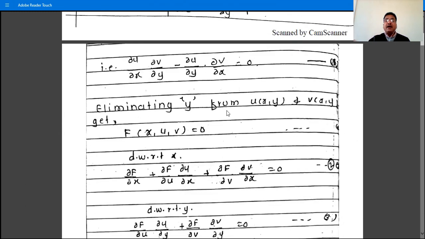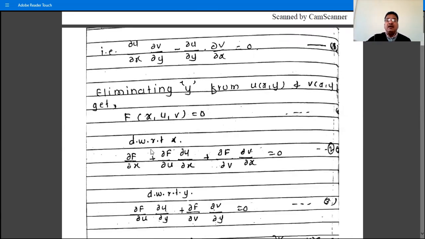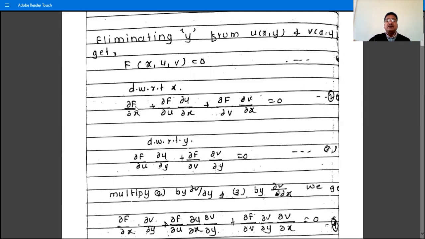Then eliminating y from u(x,y) and v(x,y), we get f(x,u,v) = 0. That is, this function f becomes a function of u, v and x, because y is eliminated from u and v. And then differentiate this function with respect to x. So we have ∂f/∂x as the derivative of f with respect to x.